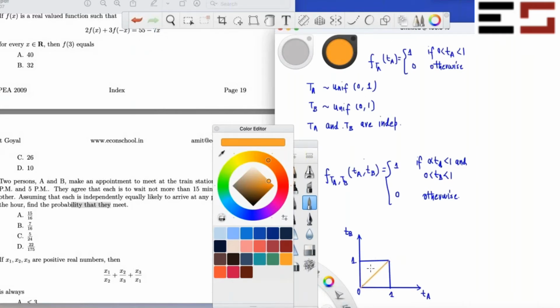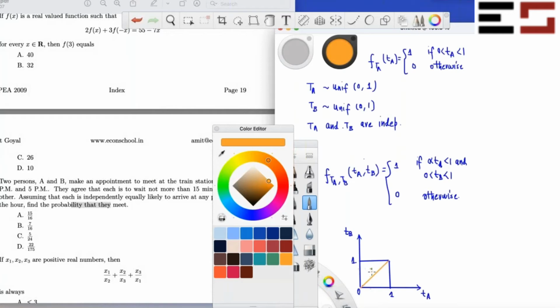Suppose we are looking at this point. Suppose this is the arrival time of A and this is the arrival time of B. Can you tell me who waited for whom, or basically who came late?